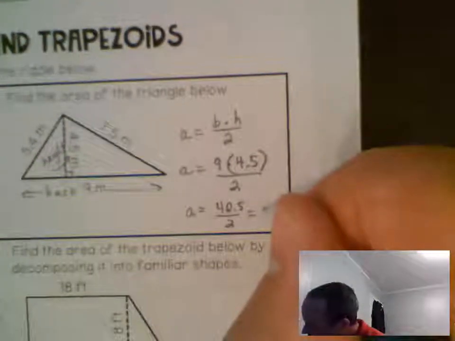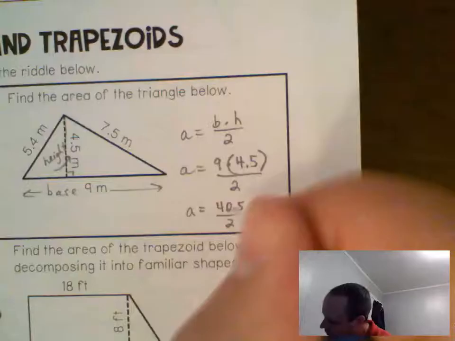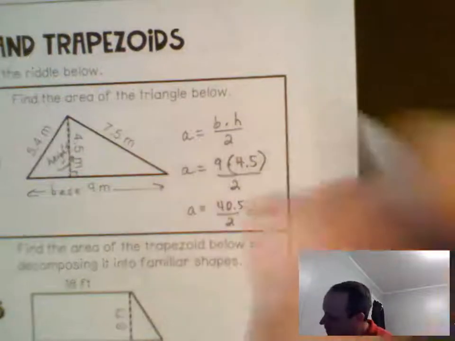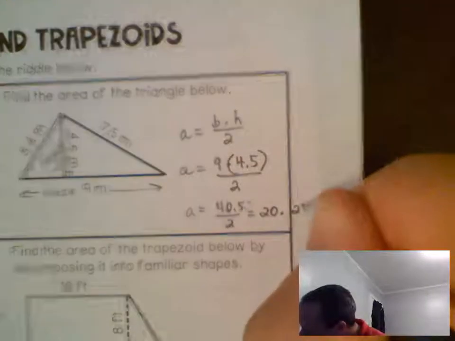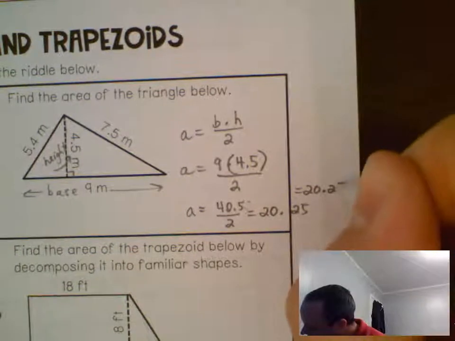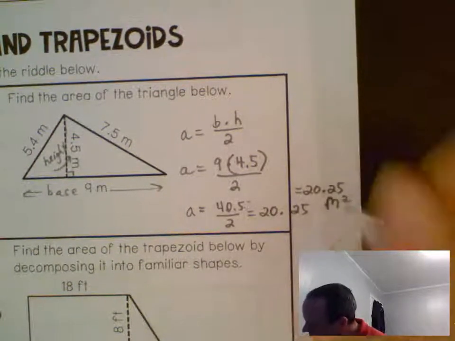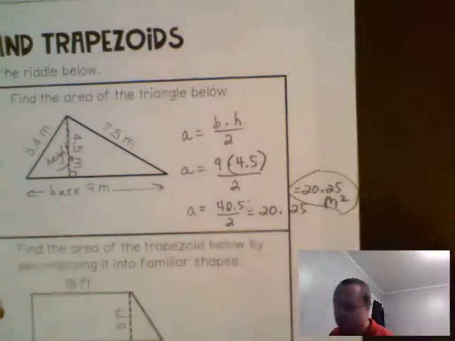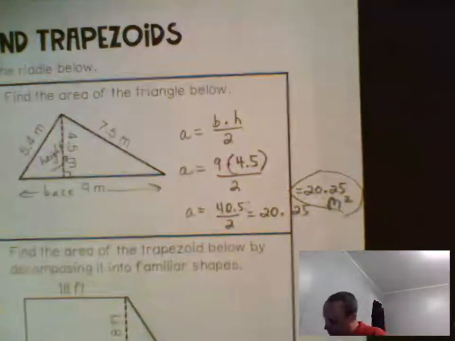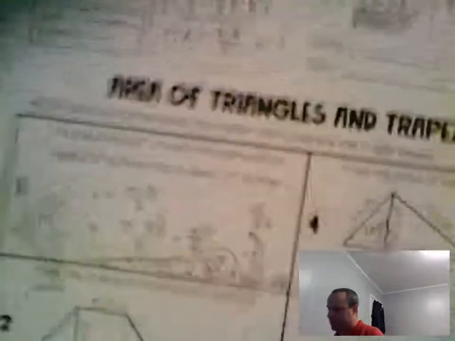So half of that would be 20 for the half of the 40, right? And for the half of the 0.50, it'd be 0.25. So your answer is 20.25 feet. In this case, it'd be meters squared. 20.25 meters squared.